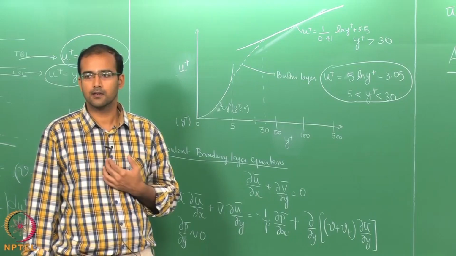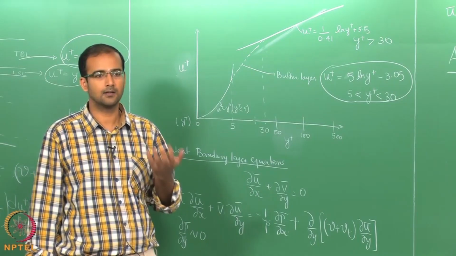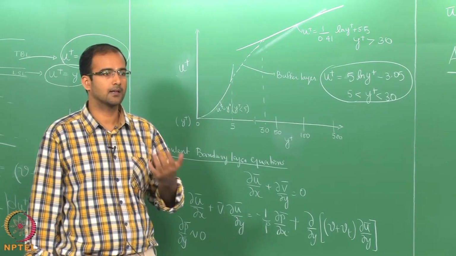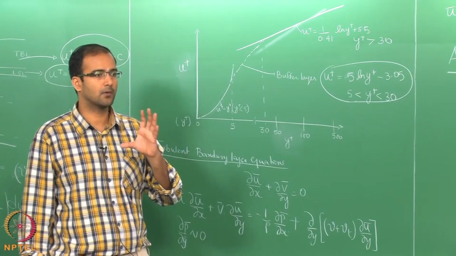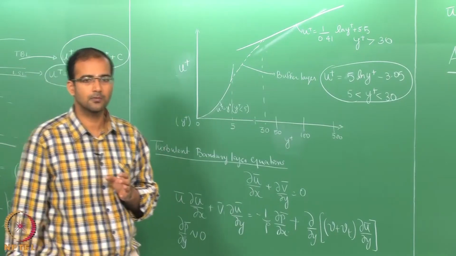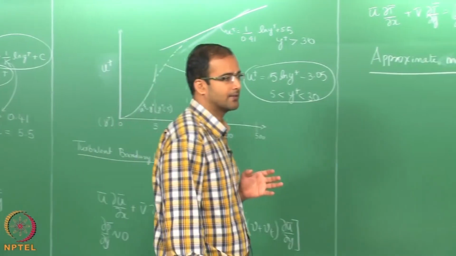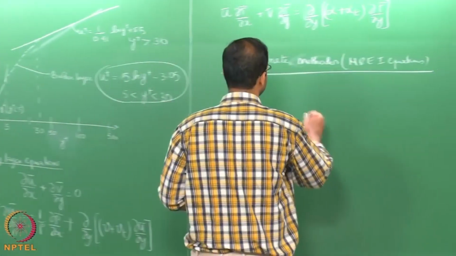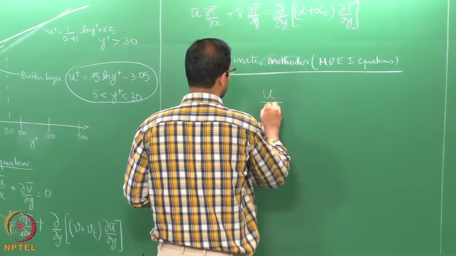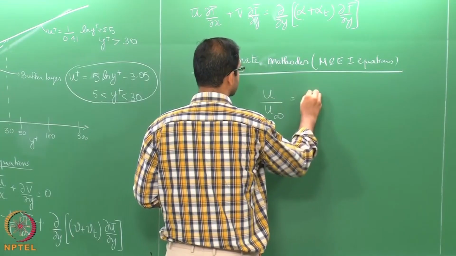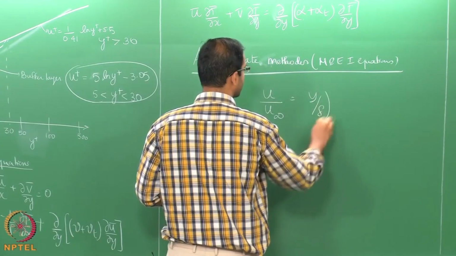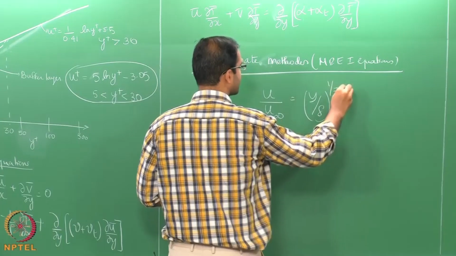we cannot take a linear profile or for the matter quadratic or cubic. So, you are left with only one option, which is to assume what is called a 1/7th power law variation. That is, in the case of flat plate, we assume u by u infinity as y by delta to the power 1/7.